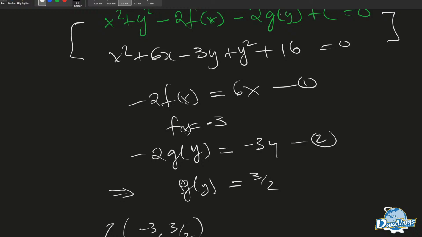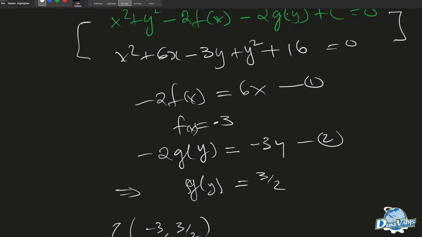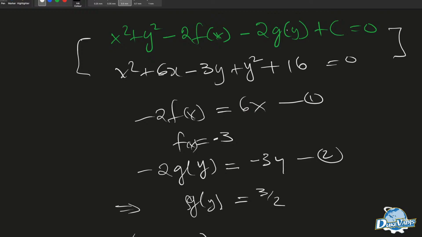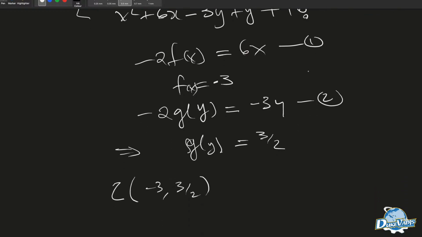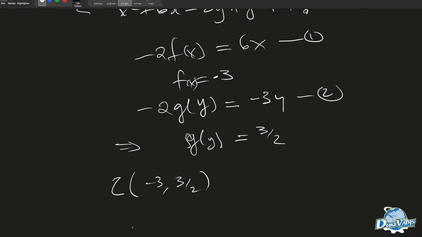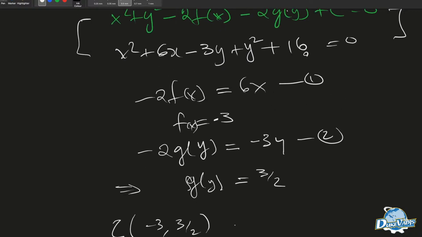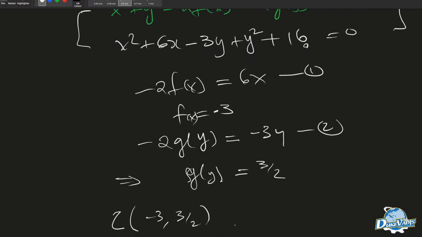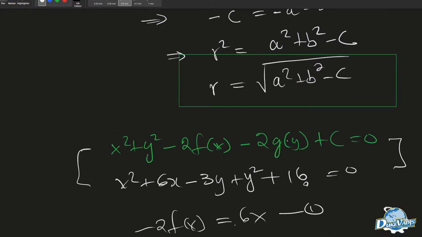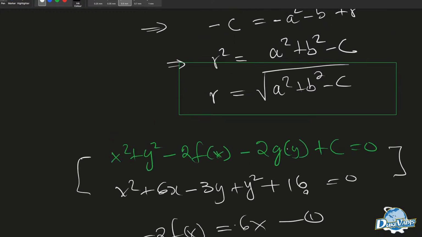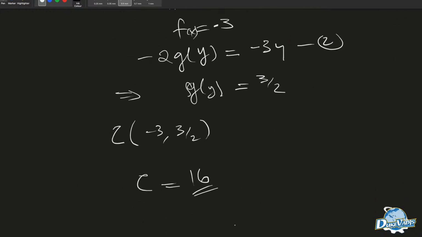Now, if I look at the equation, I can see the value of c, the constant, is 16. Therefore, if I want to find a radius, I can use this equation, a squared plus b squared minus c. So r squared is equal to what? a squared plus b squared minus c.